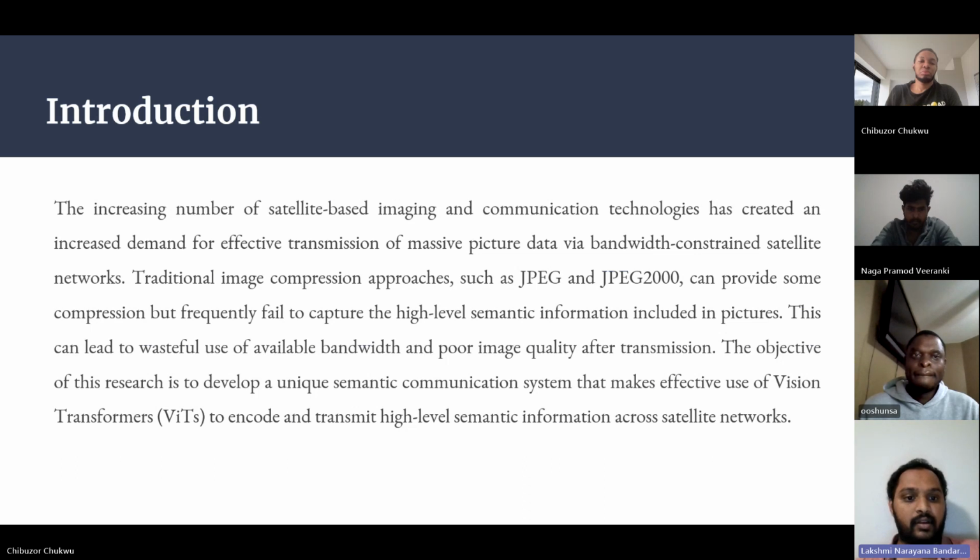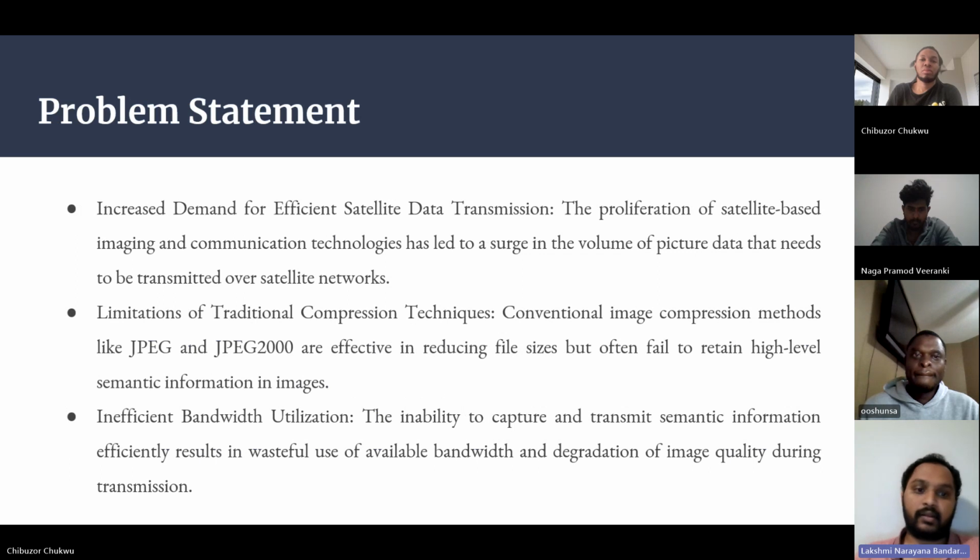The next segment is the problem statement. Increased demand for efficient satellite data transmission: the proliferation of satellite-based imaging and communication technologies has led to a surge in the volume of picture data that needs to be transmitted over satellite networks.